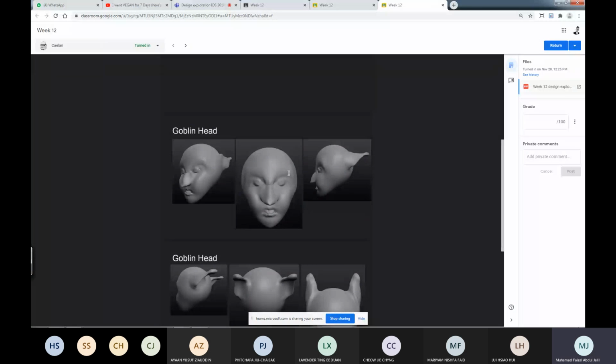It depends, guys, on the quality of the work, the modeling that you actually produced, and how far you can improve from there. Of course, the marks we give are quite subjective.